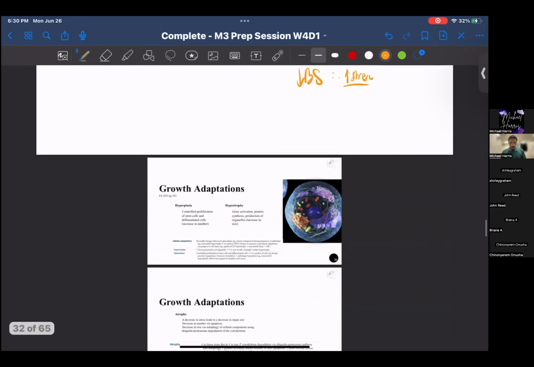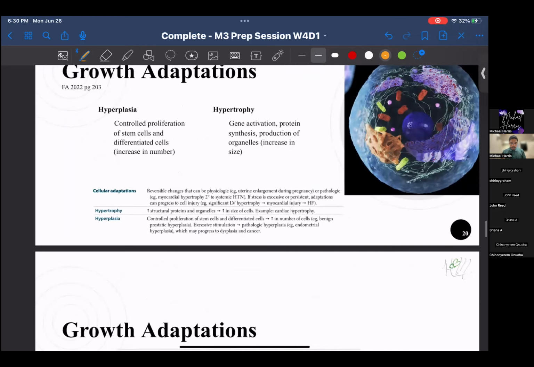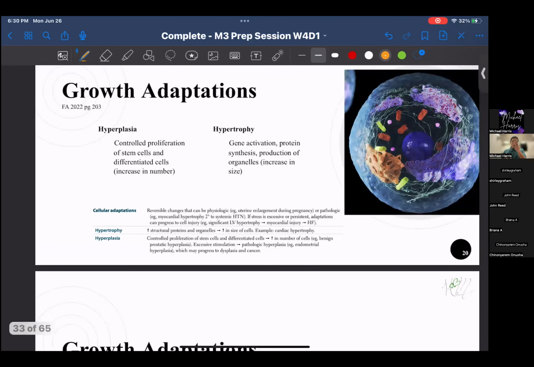Okay. So here's the different setups. We're undergoing adaptation. So once again, this is mild stress. Remember, mild stress. It's just enough to cause the cell to make changes so it can live in the new environment. So these are reversible, which makes sense.